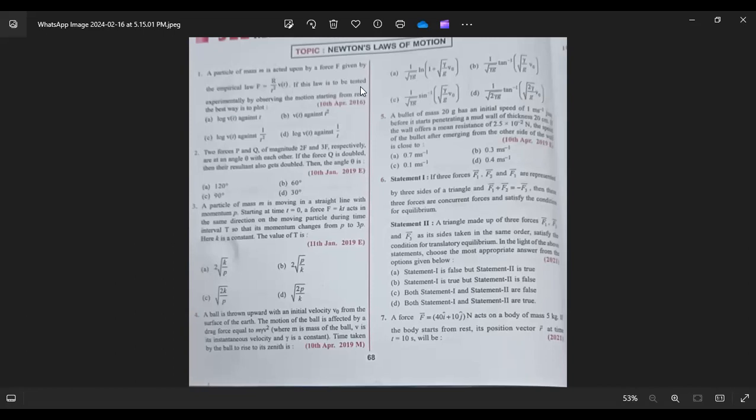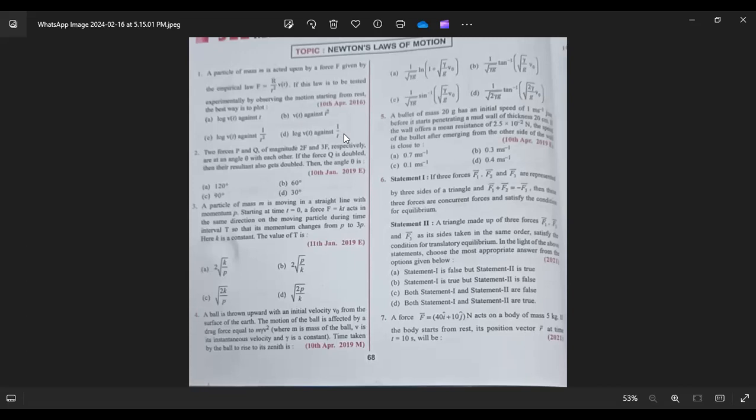If this law is tested experimentally by observing the motion starting from rest, the best way to plot is: first, log v against t; second, v against t square; third, log v against 1 upon t square; fourth, log v against 1 upon t. So, what is the right answer to this question?